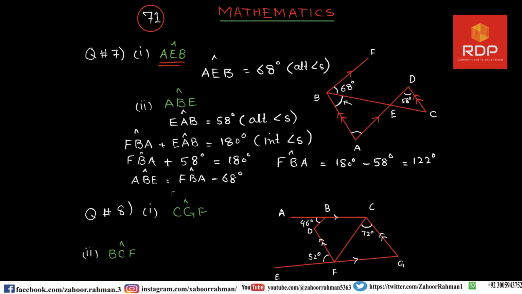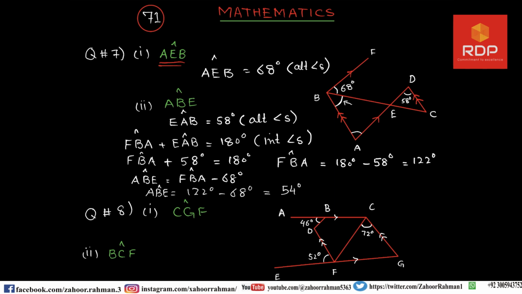We found FBA to be 122 degrees, and then we have 68 degrees, and when we calculate it, ABE will be equal to 54 degrees, and that is our ultimate goal.